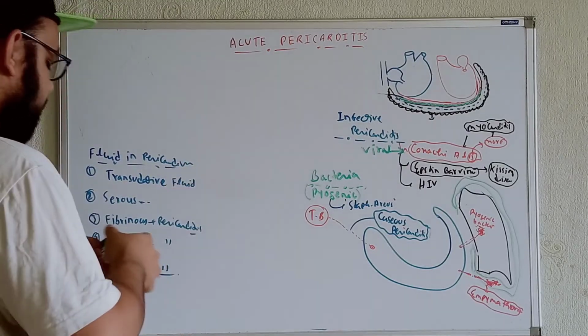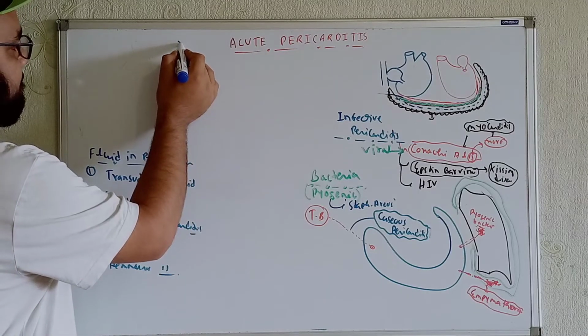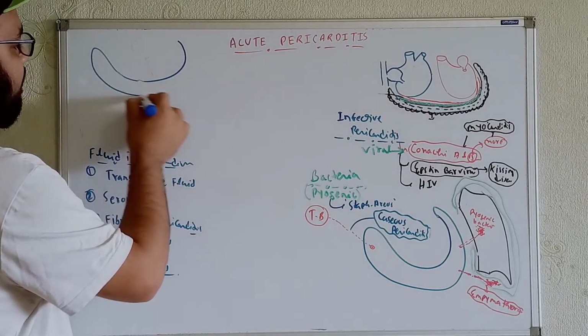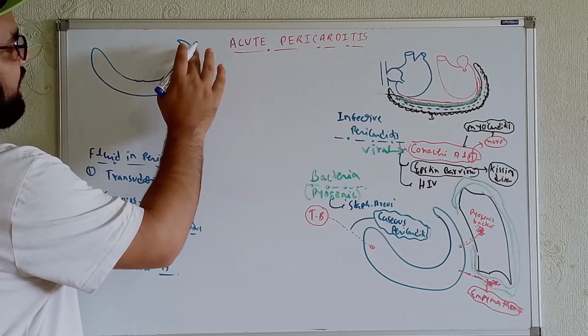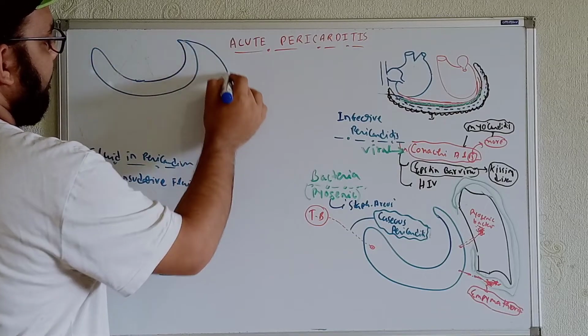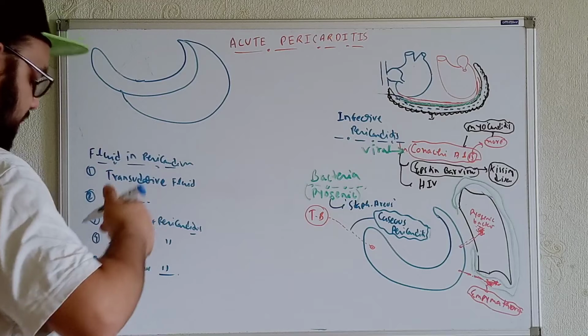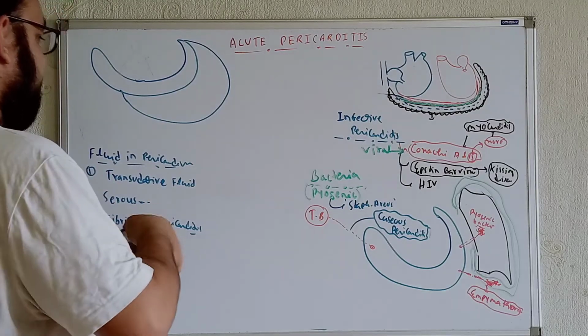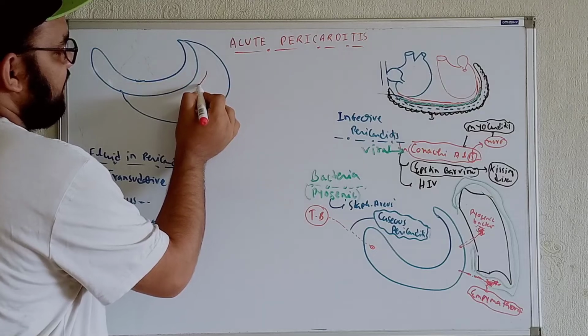So if I draw the pericardium over here, and I'm just showing the pericardial structures in this way, definitely within the structures we'll get the blood vessels. Within the blood vessels we'll get the endothelial cells, for example, the lining of endothelial cells.